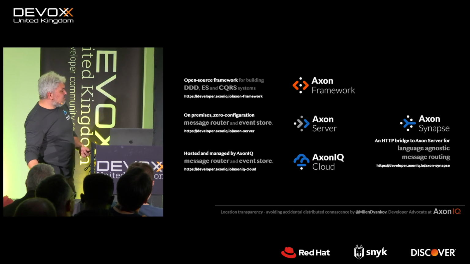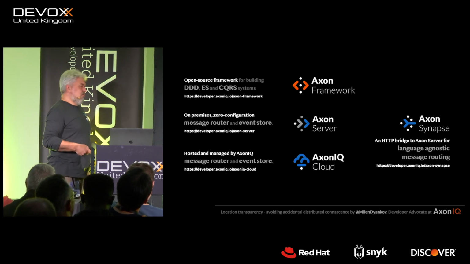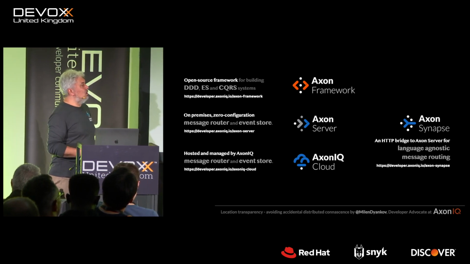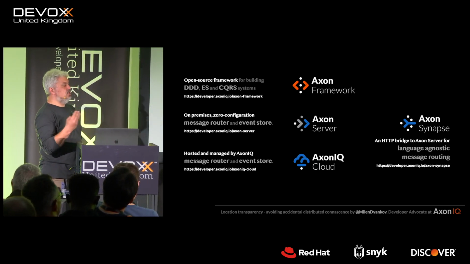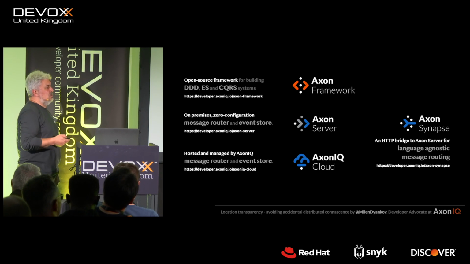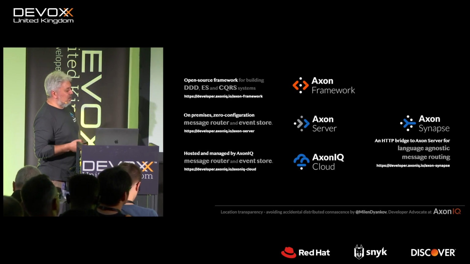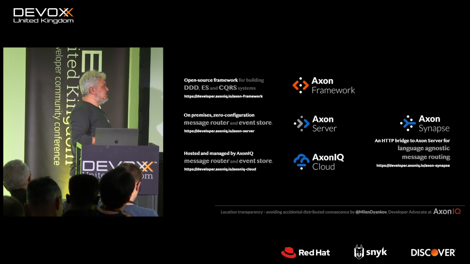Axon Cloud, if you don't want to install, although as I said, it's just one jar file, but if you want to use it as you go, and then Synapse is the HTTP bridge for the Axon Server, and we have pages for those products on the developer portal. So go there for more information.